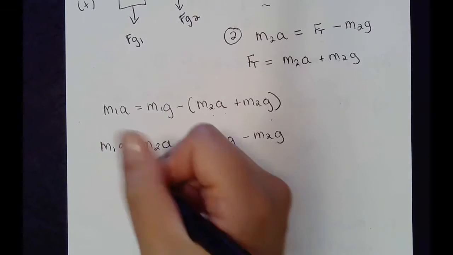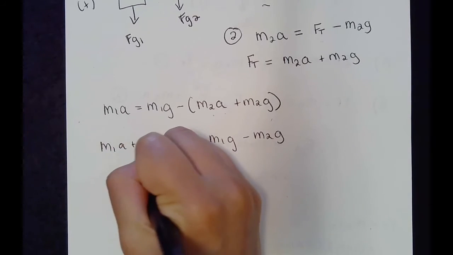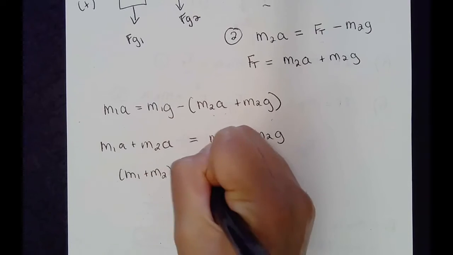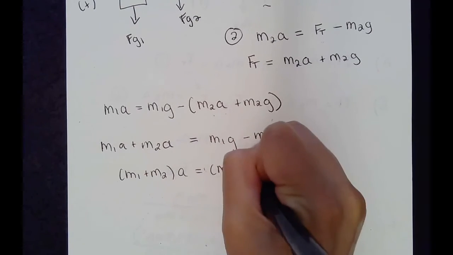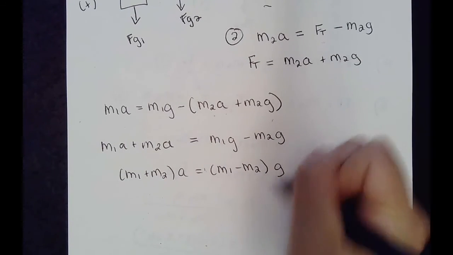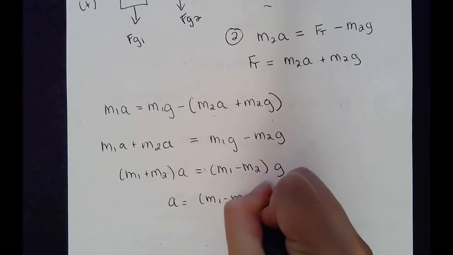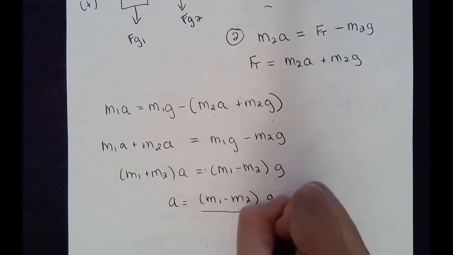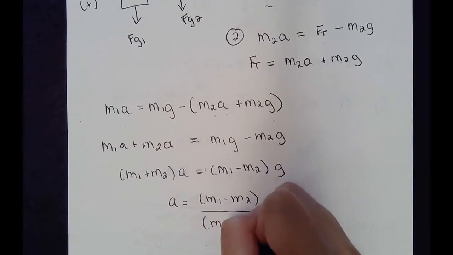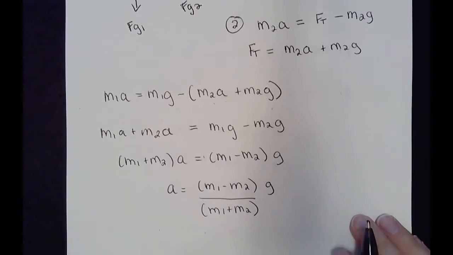Solving for the acceleration, I have (m1 plus m2) a equals (m1 minus m2) times g. So the acceleration is (m1 minus m2) times g over (m1 plus m2).